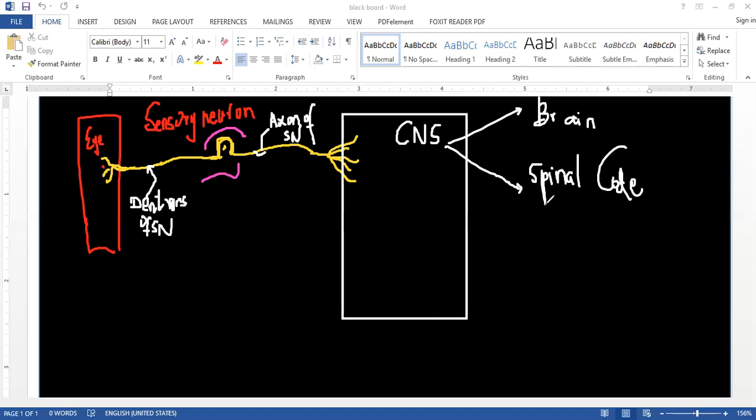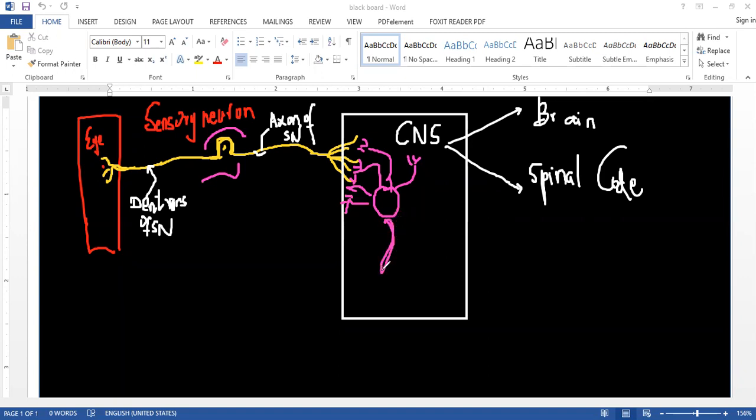According to that, you can find this place. Then you can find another one here, the interneuron. What is that? The interneuron is fully present in where?